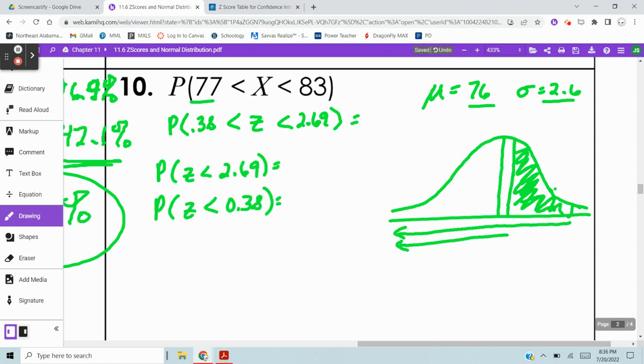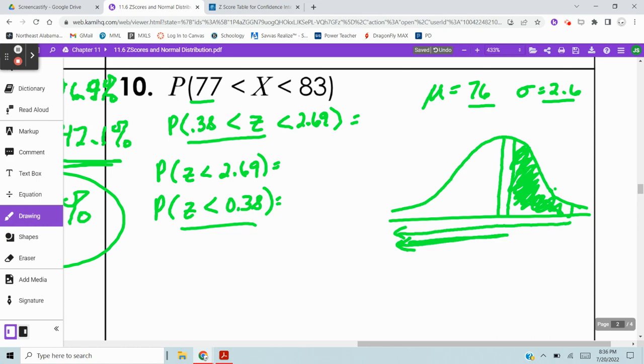And a lot of people are thrown off by why does it say it's greater than 0.38 here, but we're using this less than 0.38 here? Well, the actual area we're looking for is what's greater than 0.38, but we're going to have to use all this area that's less than 0.38 to deduct from this total area so that we can find the area we're looking for. So let's look at our z-score chart.